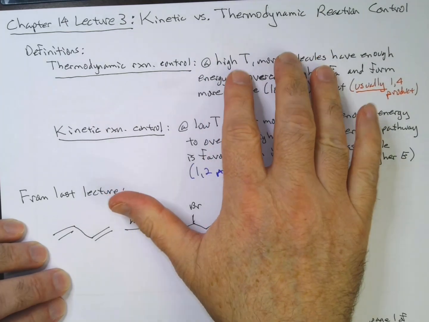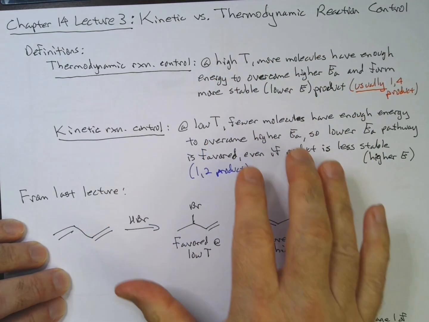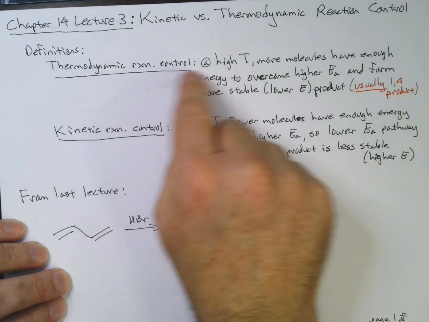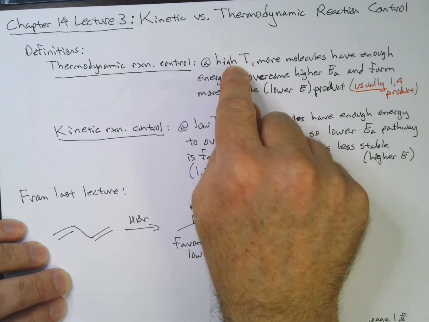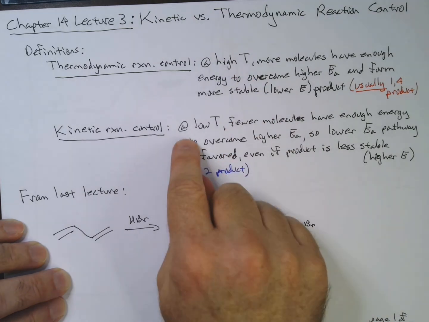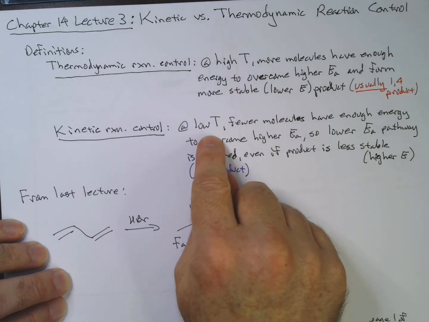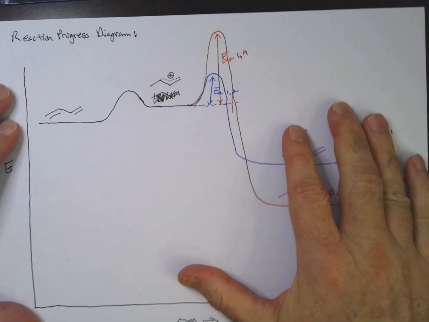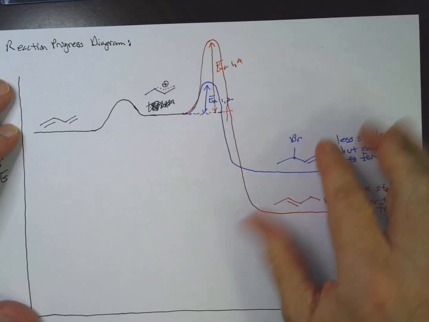So again, we have our definitions of thermodynamic reaction control and kinetic reaction control. We would call the product under the high temperature conditions the thermodynamic product, the product under low temperature conditions the kinetic product. And we can see, looking at a reaction progress diagram, really what's going on.